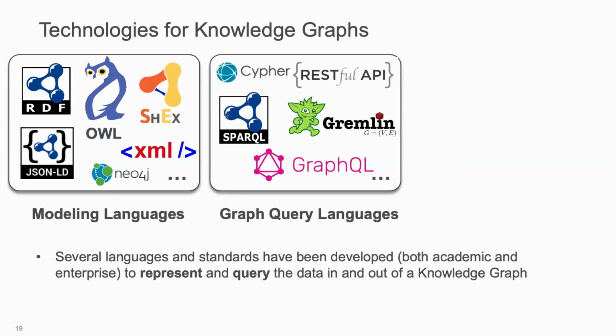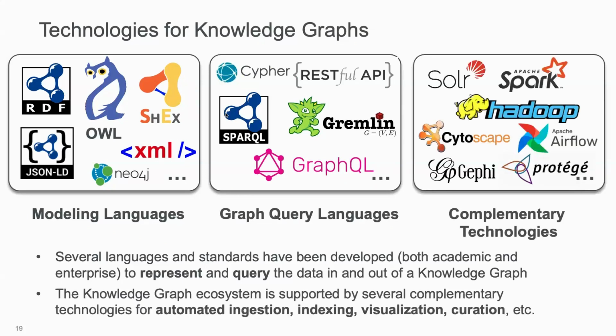Similarly, you can always develop custom API interfaces on top of your knowledge graph to serve projections out of your knowledge graph. And finally, as I mentioned, this is an ecosystem. There are a lot of complementary technologies available for automated ingestion, indexing, visualization, and curation of a knowledge graph.